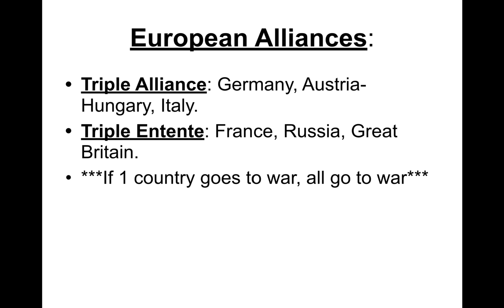But the problem is that a lot of countries are tied to each other through these alliances, which means if one country goes to war with another country, all the countries that are linked to those two countries going to war are all going to get pulled in. So that's why I always say if one country goes to war, they end up all going to war because of these alliances. It's very, very important, guys. You know the name of the two alliances and the three major countries that belong to each alliance.